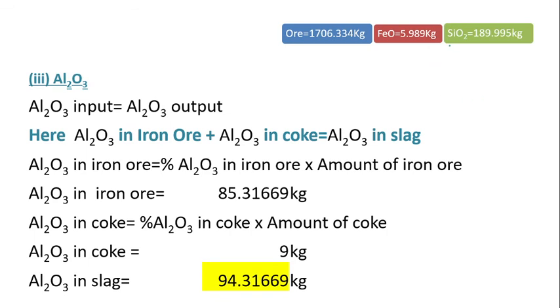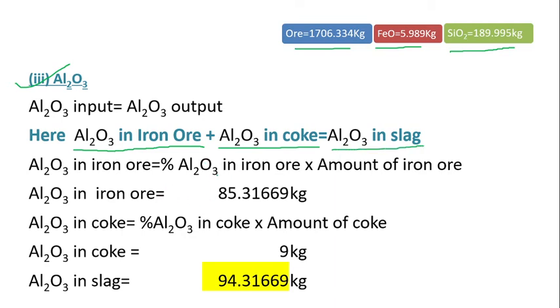So we have now iron 1706 kg, FeO 5.989 kg, and silica 189.995 kg. Now we will consider Al2O3, alumina. Alumina can come from ore or from the coke and joins the slag. Okay, this is the balance.